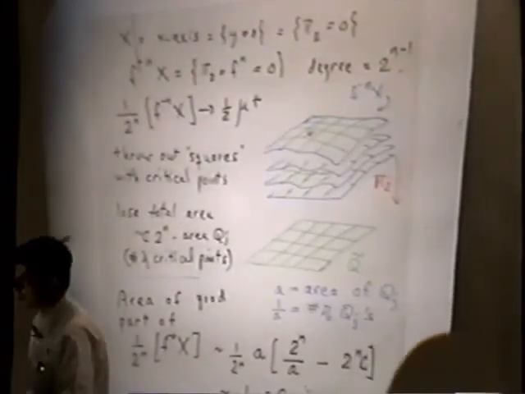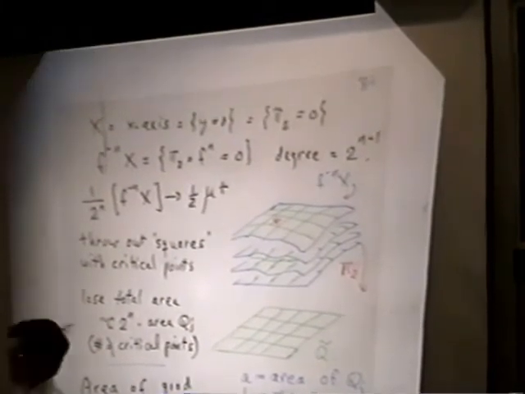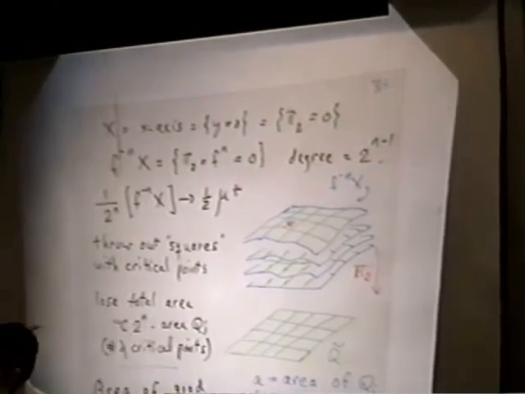Let me sketch for you how the proof goes. Last time we saw that if you take the x-axis, we could take any algebraic variety and look at the preimages of the algebraic variety. The x-axis is given by where the projection to the second coordinate is 0.